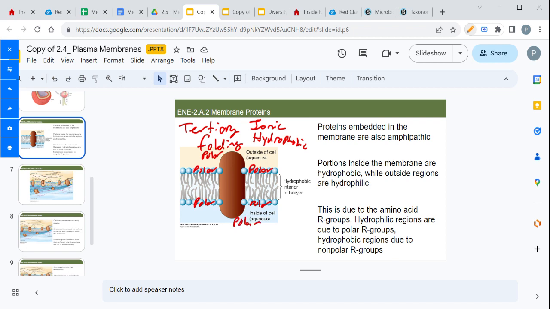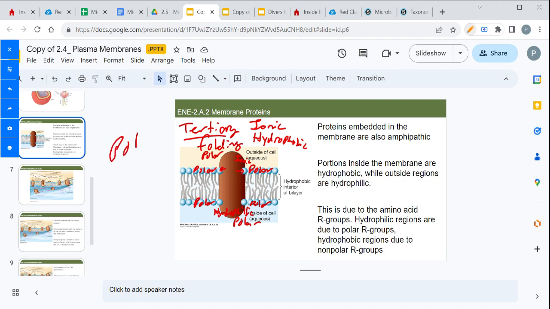What that means is that if this is polar here, this protein needs to be structured in a way that the R groups from our tertiary folding have ionic interactions here and hydrophilic interactions out here as well. So you're going to have both of these facing the outside as well as facing these phosphate heads, because like interacts with like.